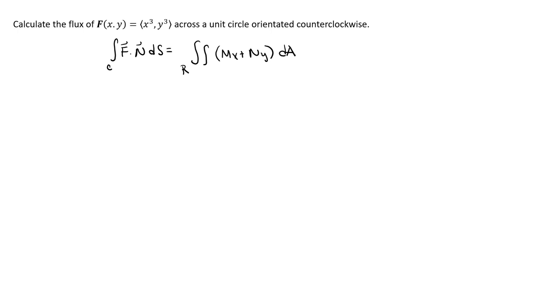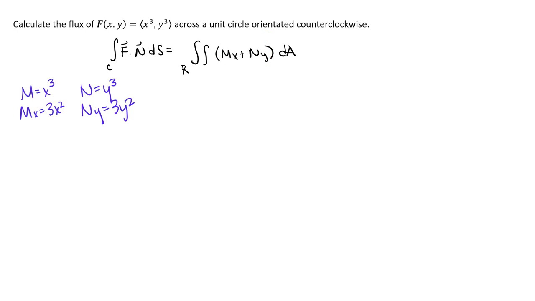Green's theorem says we can rewrite this as an area integral, but the quantity we're going to be integrating is Mx plus Ny. And in the next section, we're going to give some words and meanings to these kinds of quantities that we're integrating. But for now, we just have our formula.